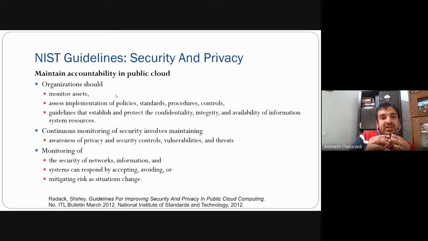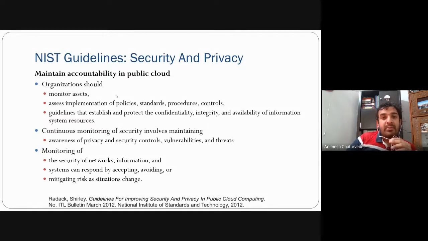And there's maintainability and accountability of the public cloud. What does it mean? The organization should monitor assets. What are the servers they are using, and how to access these implementations and services.